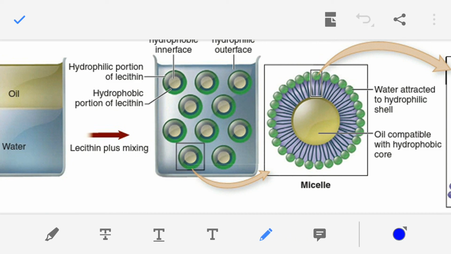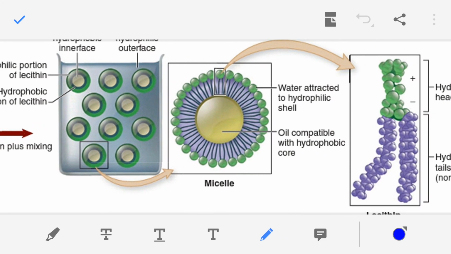Now this structure means the oil droplet covered by lecithin. We are zooming this structure. So inside, this is the small oil drop, and around this small oil drop, these green are the lecithin molecules.